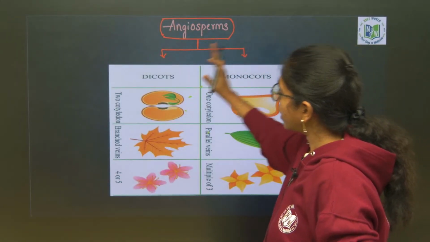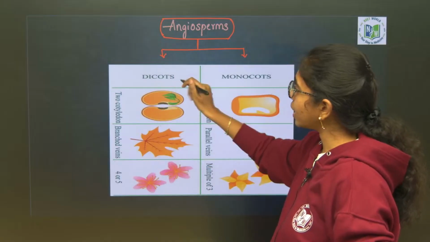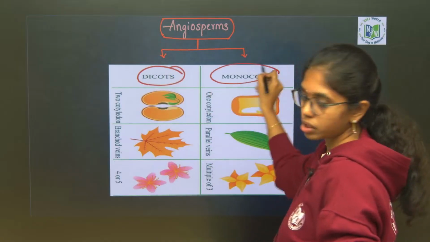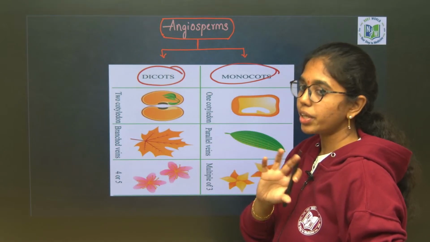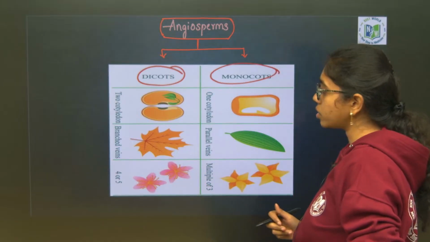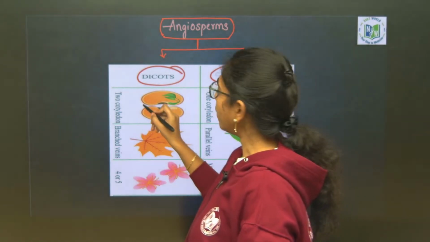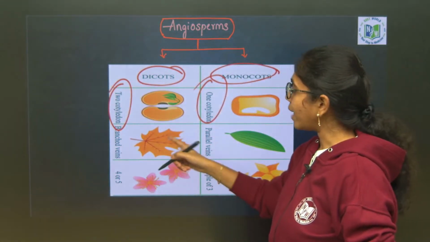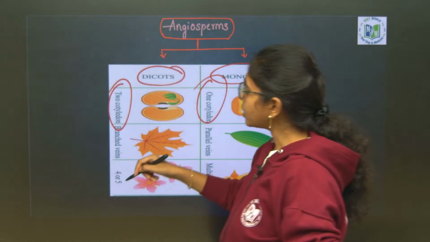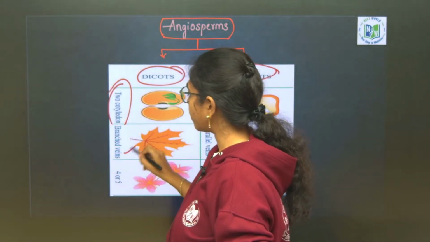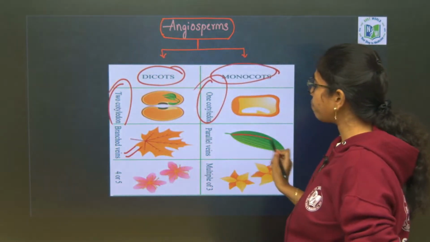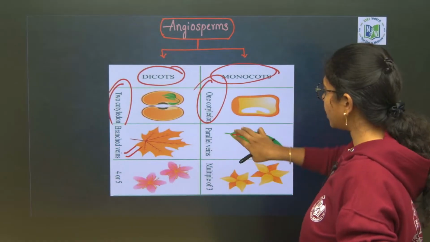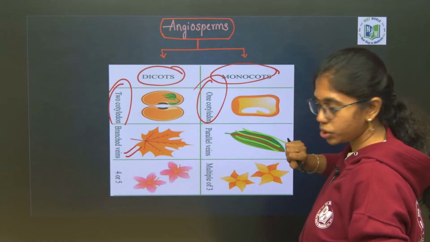The angiosperm division has two classes, that is dicots and monocots. Few peculiar features where you can easily differentiate between dicots and monocots: dicots have 2 cotyledons, monocots have 1 cotyledon. Dicots have reticulate venation, which has branched veins; monocots have parallel venation, with veins arranged parallel to each other.